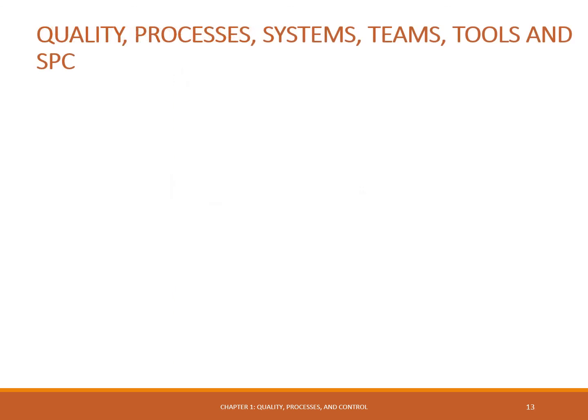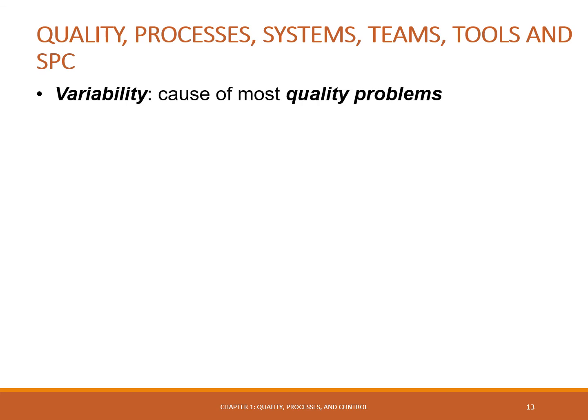To summarize everything we've learned in this chapter, we need to start with the general agreement that variability is the root cause of most quality problems. Variation in products, in times of delivery, in ways of doing things, in materials, in people's attitude, in equipment used, in maintenance practice, in everything. We should also acknowledge that SPC is more than simply a toolkit.